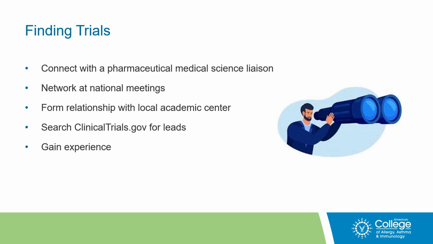One should form relationships with the local academic center, as some NIH grants may require participation outside of the academic center. One could search clinicaltrials.gov for leads of potential enrolling studies and contact the sponsors directly. And lastly, the best way to find trials is to gain experience. As one participates in clinical trials, more clinical trials usually follow.